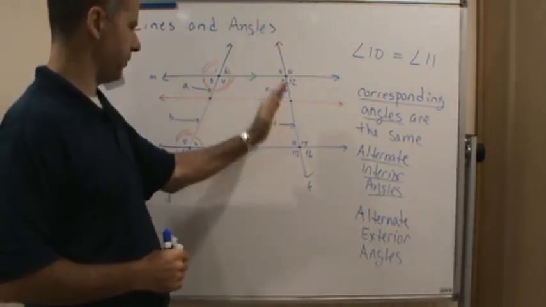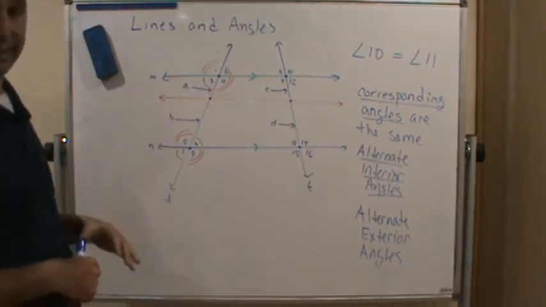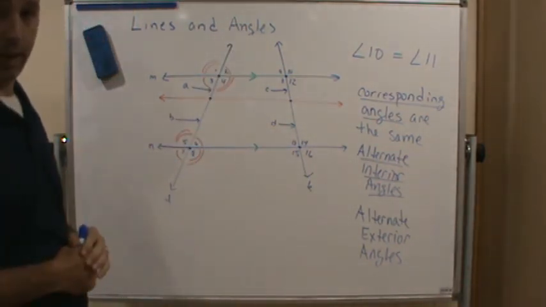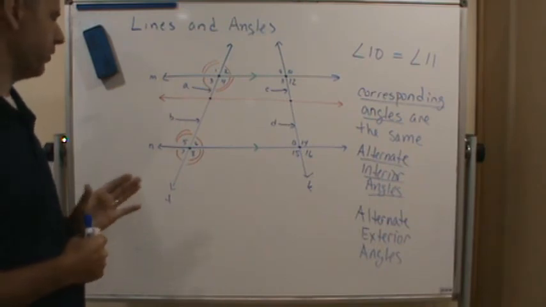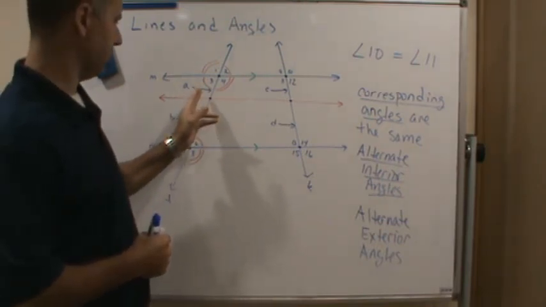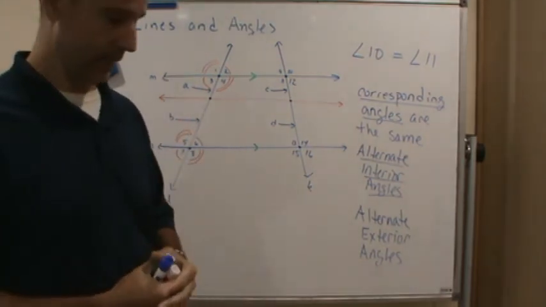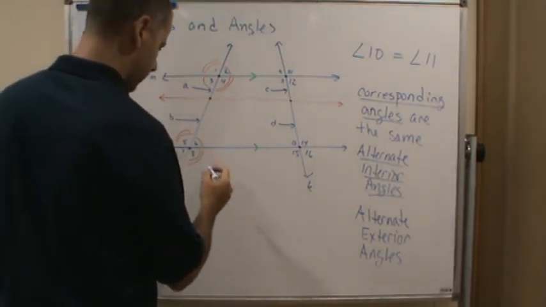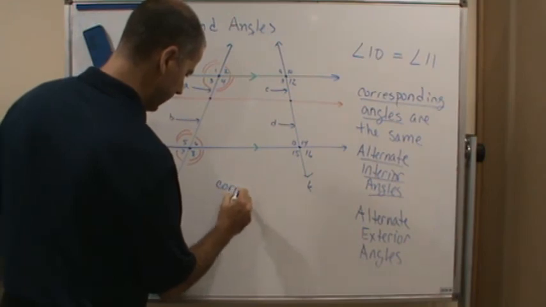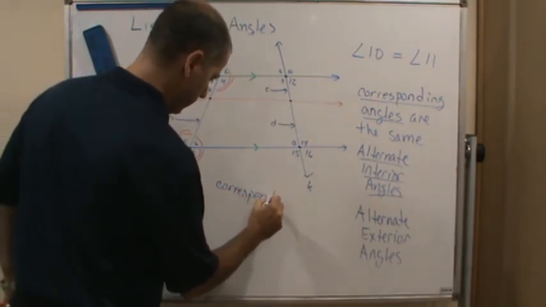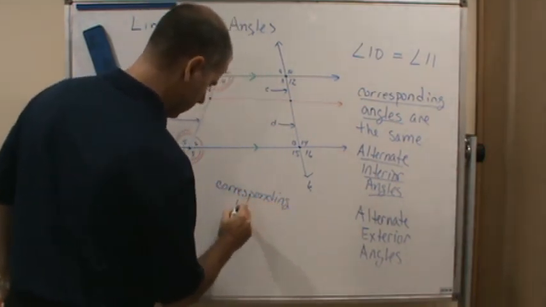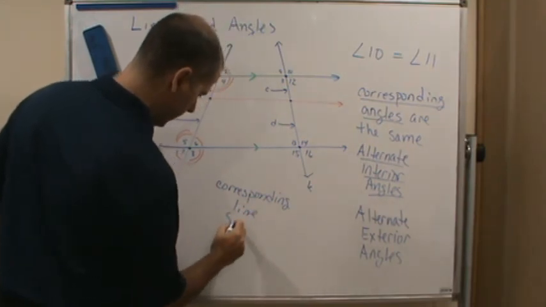So we have two transversals that are intersecting three parallel lines. Well, there's another theorem that is really helpful with these line segments, with what we call corresponding line segments. Okay, so let me write that down. Corresponding line segments.